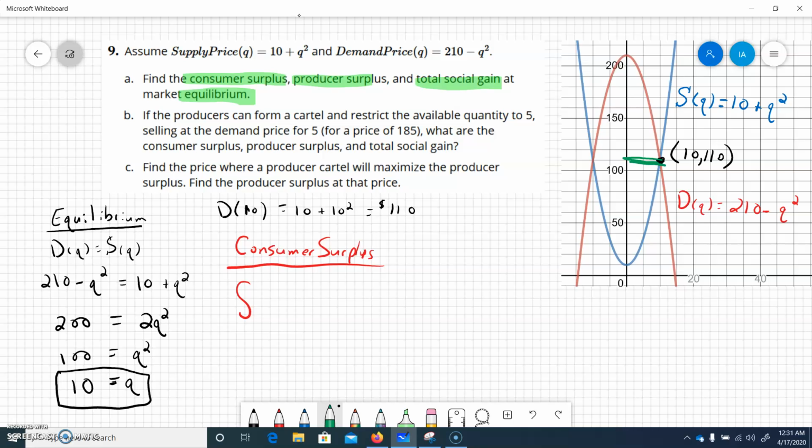So that equilibrium point, as far as our q's, runs from 0 to 10. Okay? From 0 to 10, right here.